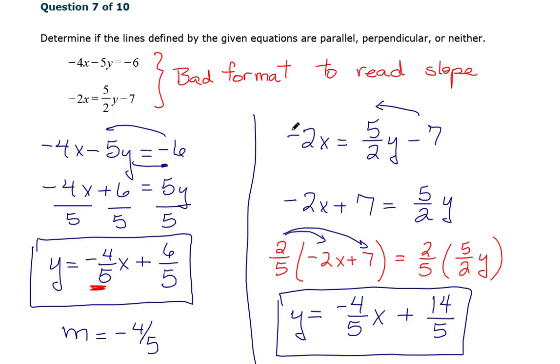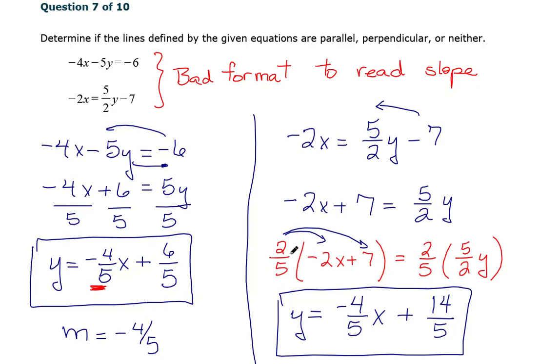What about the other one? Let's see, how am I going to get y by itself? I'm going to move the 7. Got that. Now I need to get rid of this 5/2. I could divide everything by 5/2, but that looks ugly. So I think I'm just going to multiply by 2/5 because the 5's cancel and so do the 2's.